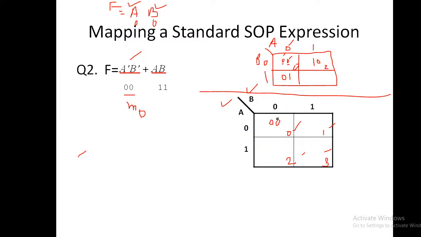Somebody also asked whether all Kmap solutions follow SOP form. Until the function is in this form, I cannot put the ones directly in the Kmap. Is it understandable, or do I need to clarify it again?